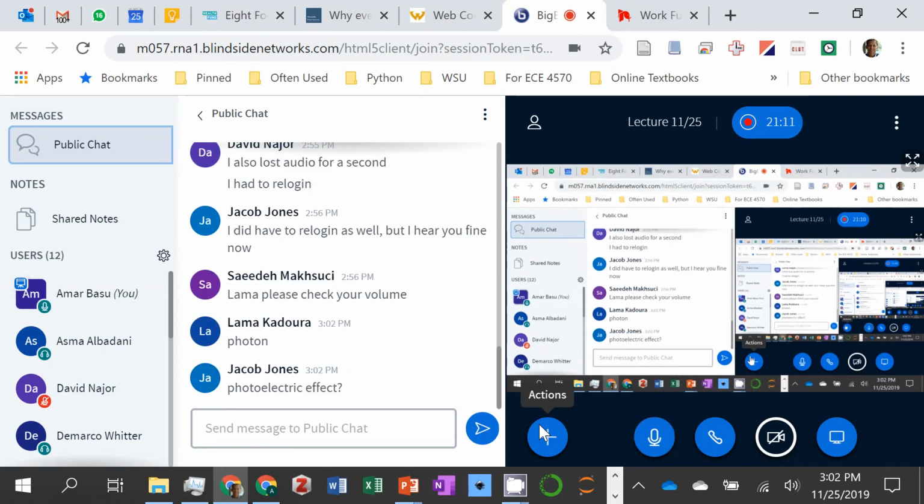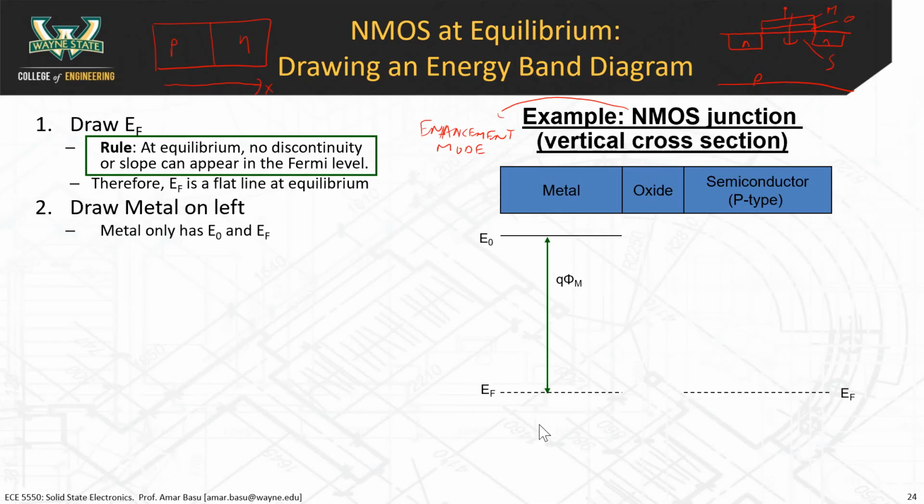Remember, the photoelectric effect is where you shoot the metal with photons, and you keep increasing the energy of the photons until you start ejecting electrons from the material. That energy at which you start ejecting electrons is the metal work function. So this is the metal work function. It will be given to you in the problem. So you have your E0 up here.